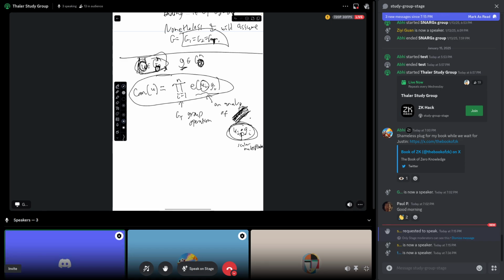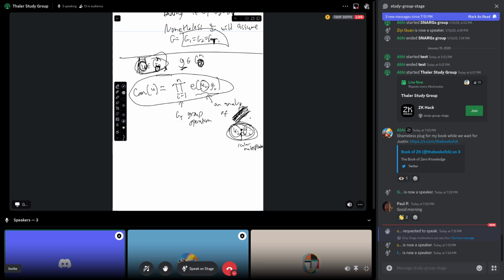But here you can't do that because the entries of u are themselves group elements; they're not exponents. So how is this like multiplying a number by a group element?